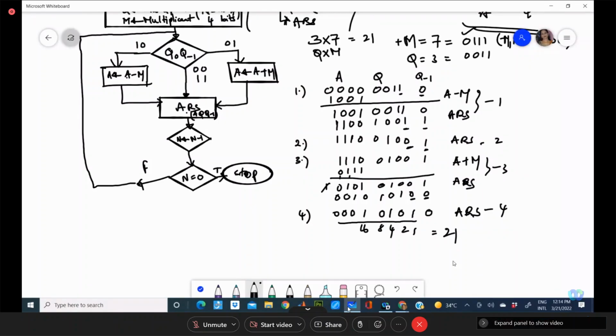Complete. You try to do for any other value. Hope everyone understood what is Booth's algorithm, Booth's format of multiplication.